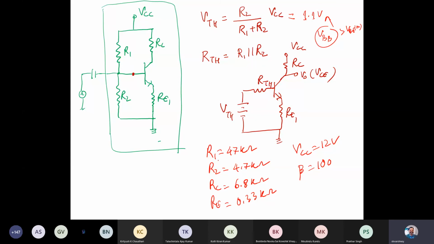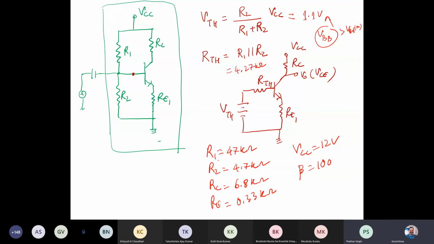RTH is R1 parallel to R2: 4.27 kilo ohm. Others can check it out.